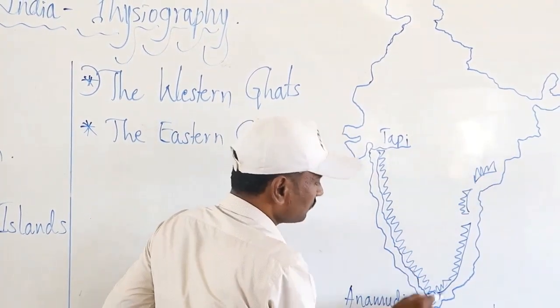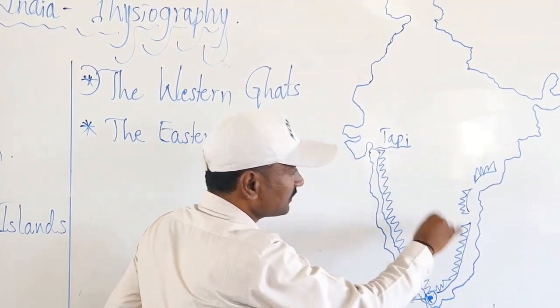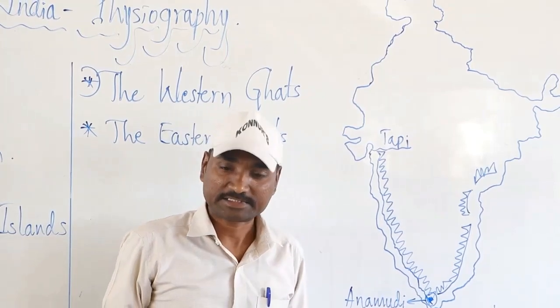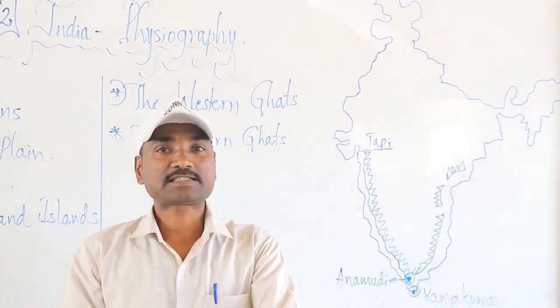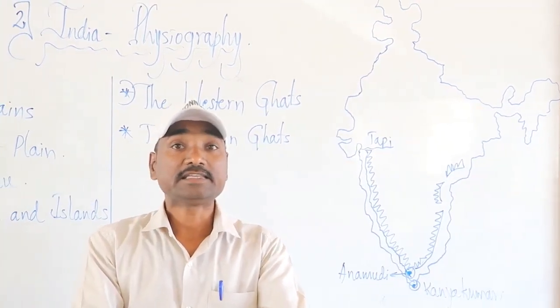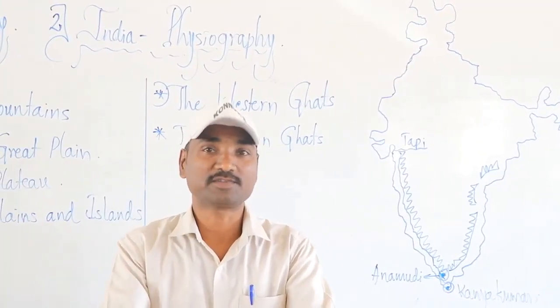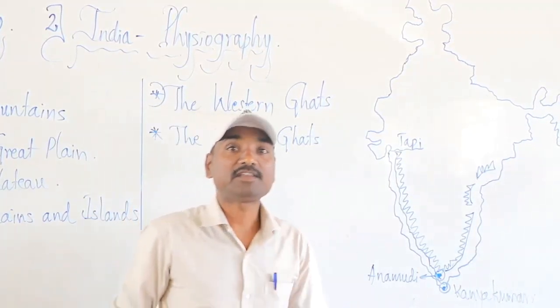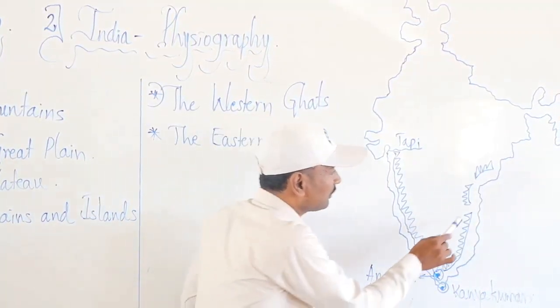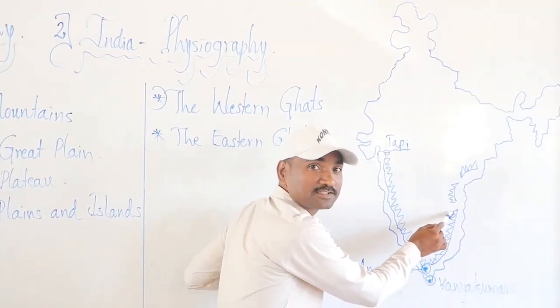From Mahanadi to this Nilgiri Hill, the Eastern Ghats extend. Compared to the Western Ghats, the Eastern Ghats are not continuous, but the Western Ghats are continuous. You can look at this map where you can easily understand.